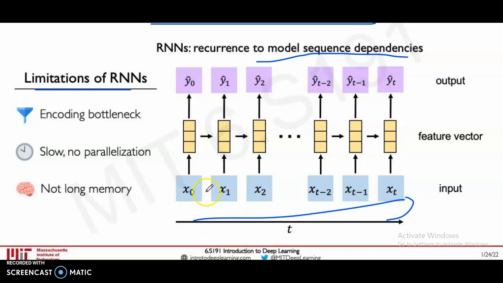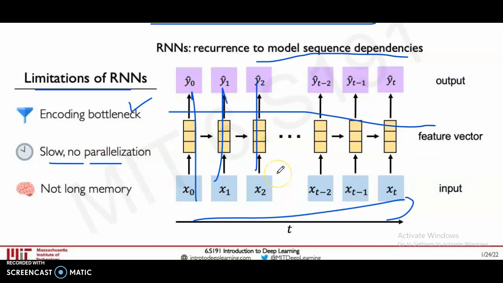Input vectors x0 to xt, output y0 cap to yt cap, with the feature vector. Encoding bottleneck, slow, no parallelization. With parallelization it would be fast, but this is serial. And not long memory. It is long short-term memory only.